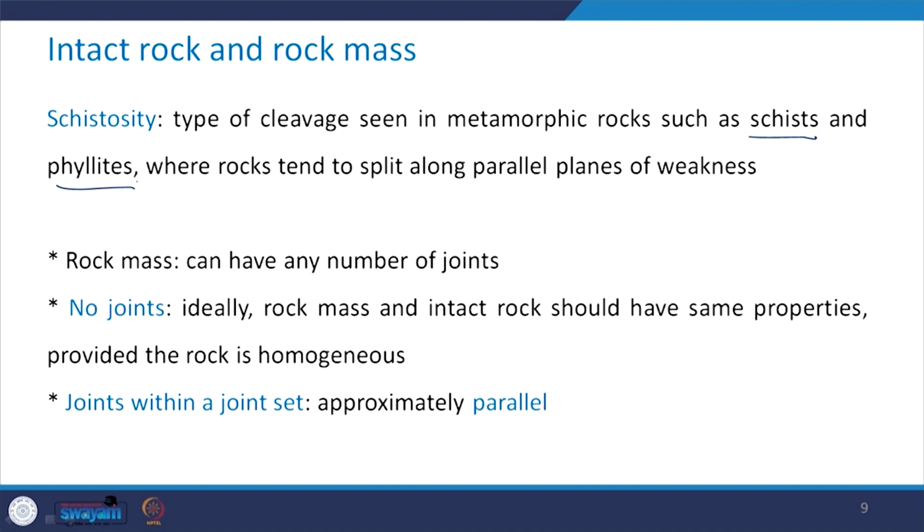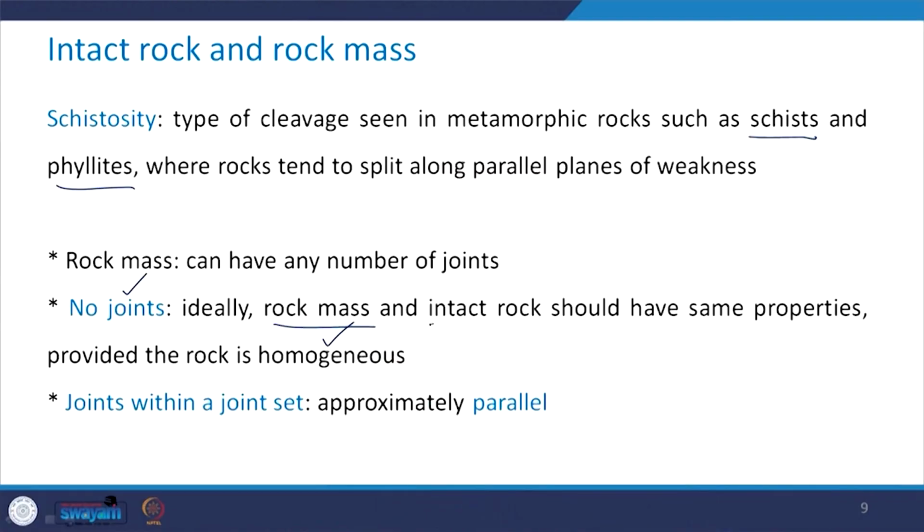Now this rock mass can have any number of joints. If there are no joints, then ideally the properties of the rock mass and intact rock should be the same, provided the rock is homogeneous. If the rock is heterogeneous and there is no joint, then we cannot say that the properties of the rock mass and intact rock are going to be the same.